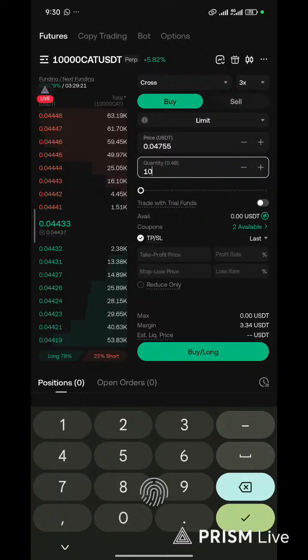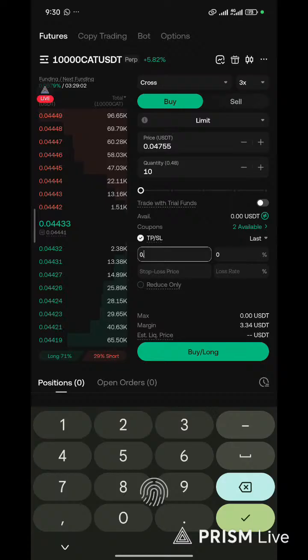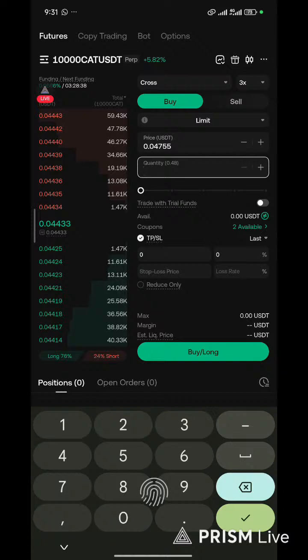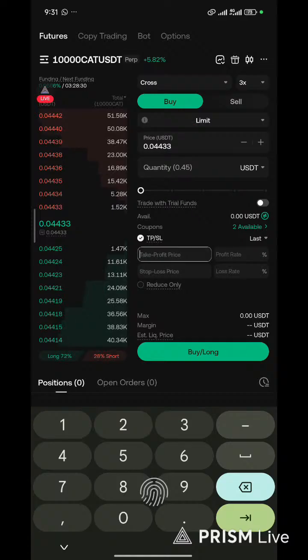If you enter this trade with like $10 and take profit at 0.06.